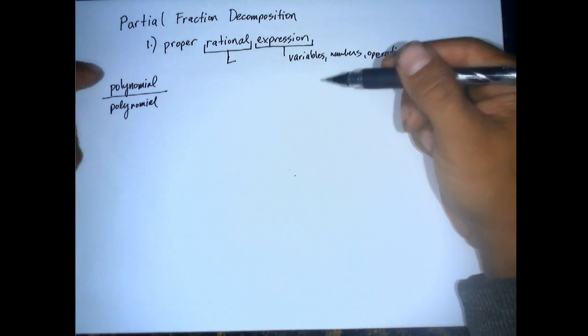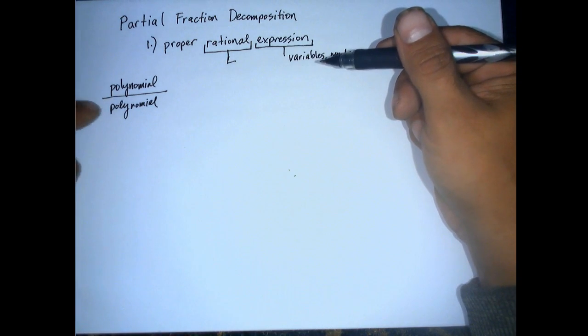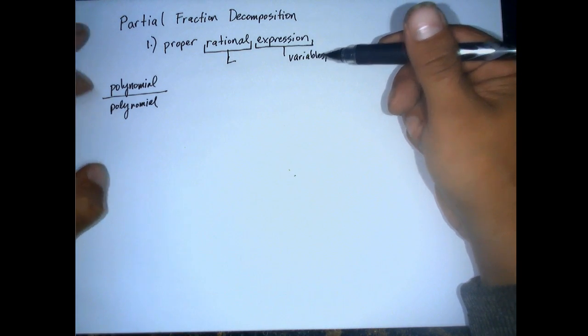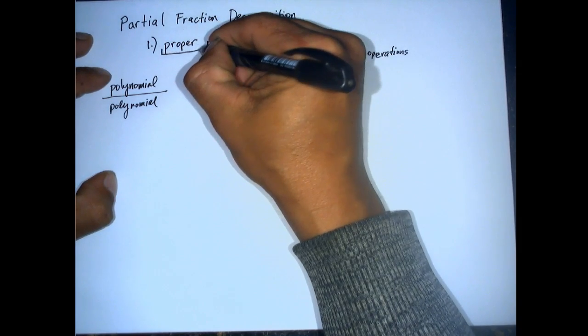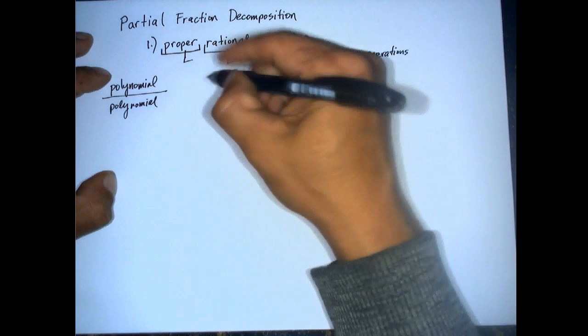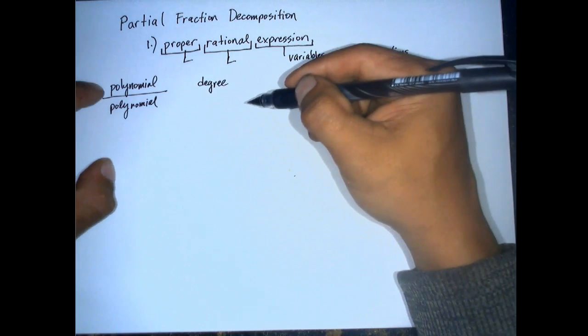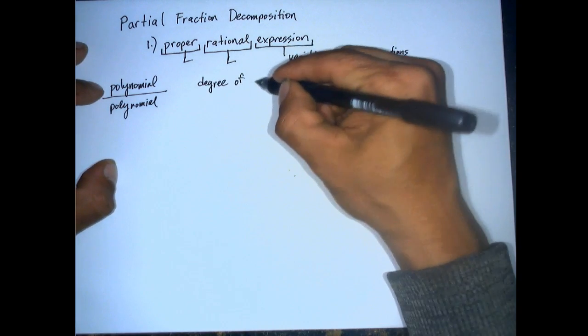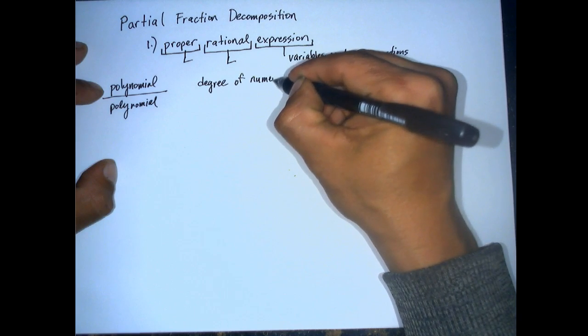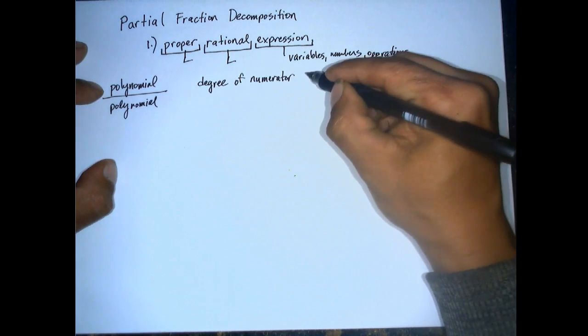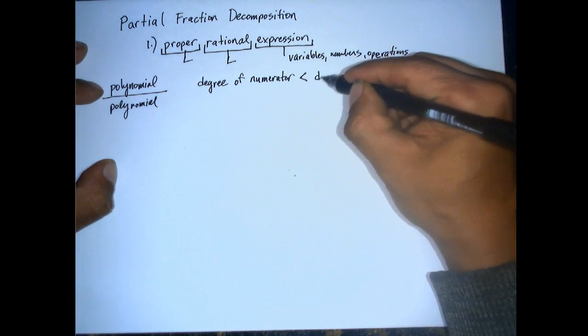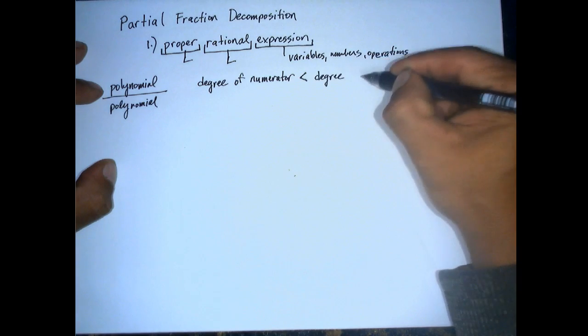Okay, so we have a polynomial divided by a polynomial. And what does it mean if it's proper? If it's proper, it means that the degree of the numerator is less than the degree of the denominator.